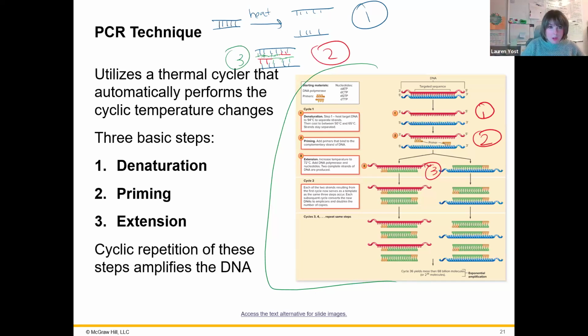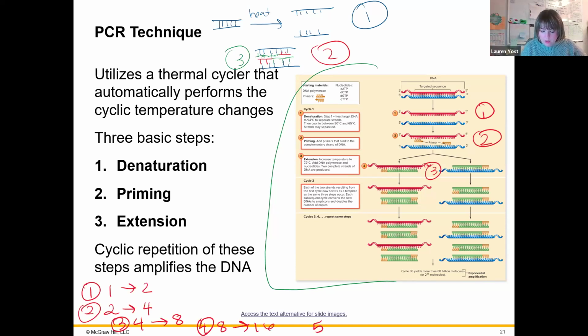Every step of PCR is doubling what you had in the previous one. So in one cycle of PCR, if you had 1 piece of DNA, you became 2 pieces. In the second cycle, if you have 2, then you became 4. In a third cycle, if you had 4, you became 8. In a fourth cycle, if you had 8, you become 16.